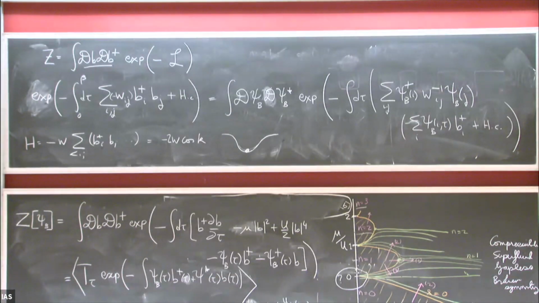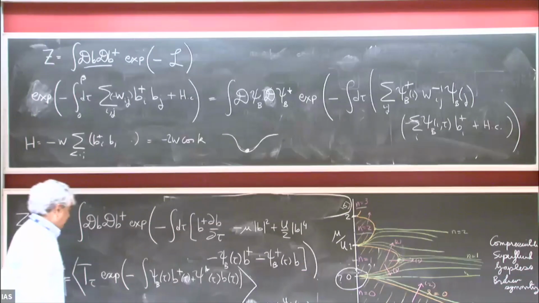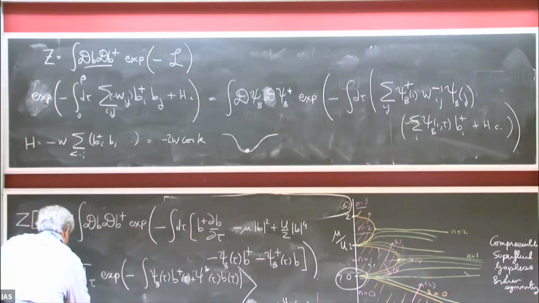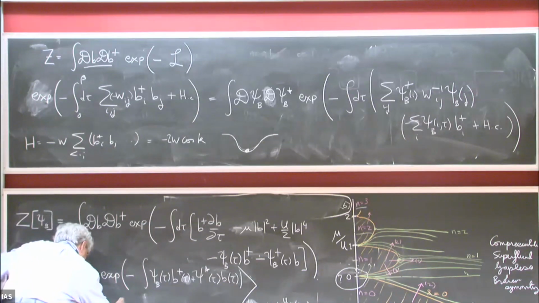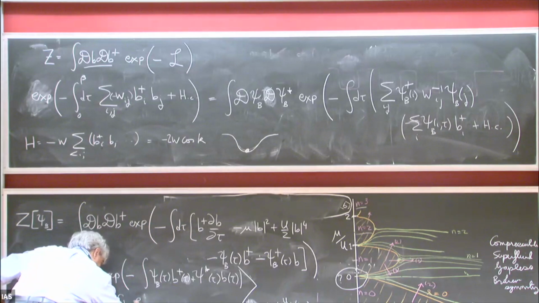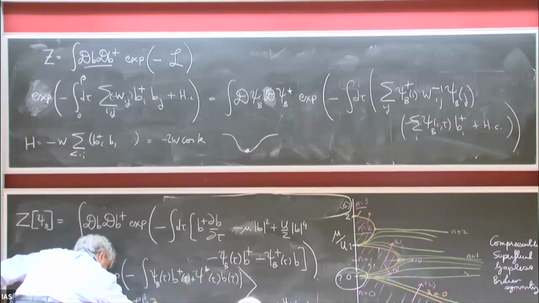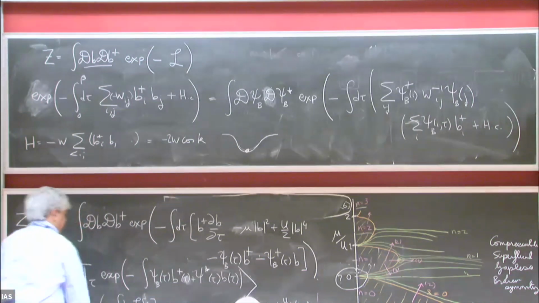A bit tedious, but that's really all you're doing, only involving tricks from undergraduate quantum mechanics. All right, so you do that, and this I'm going to write as the exponential of some integral d tau of some Lagrangian of psi of tau.